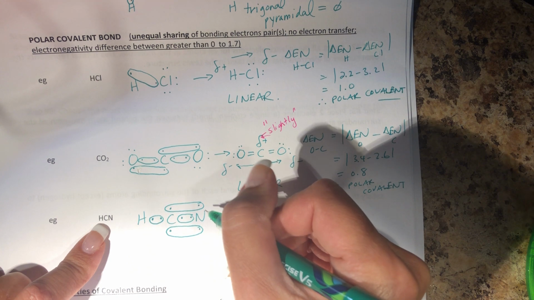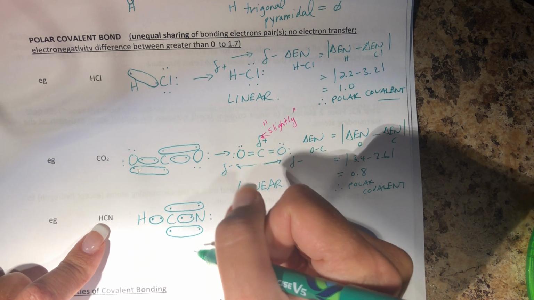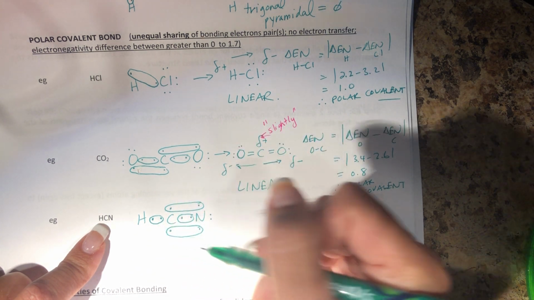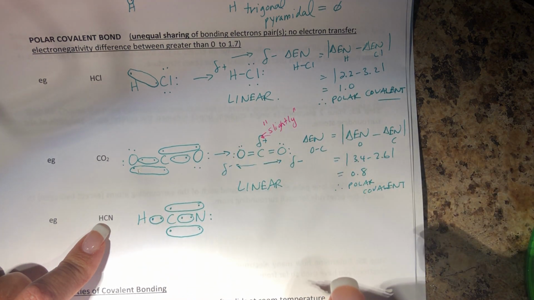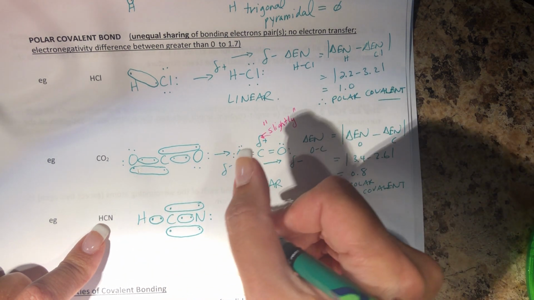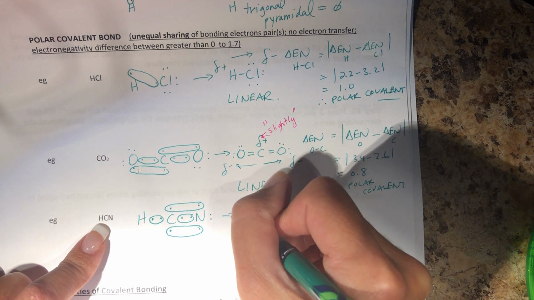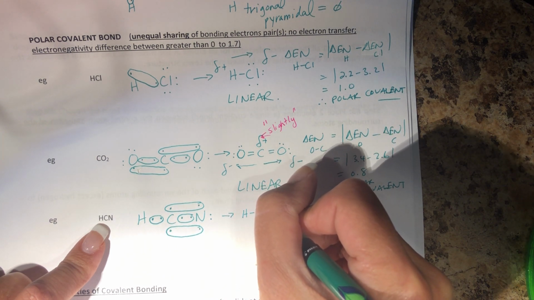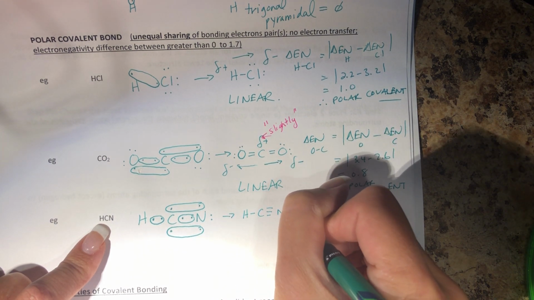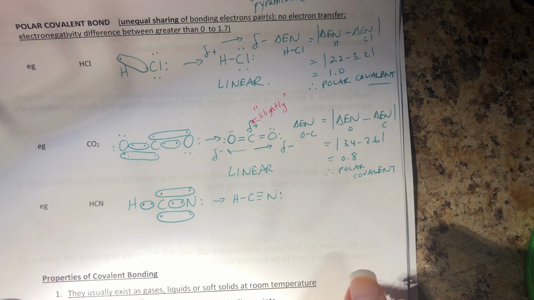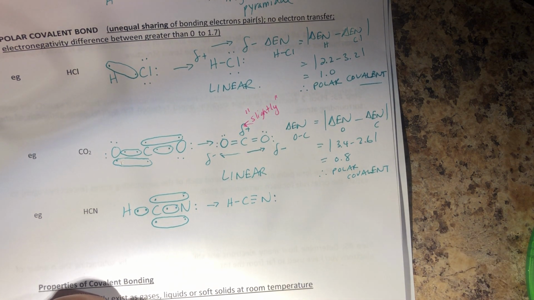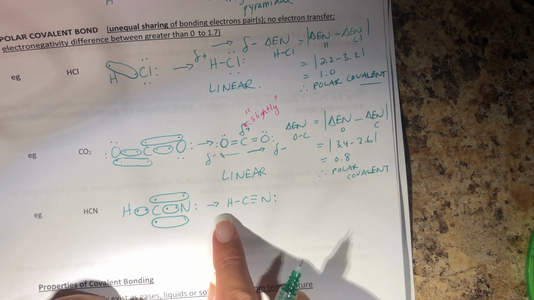Nitrogen has 2, 4, 6, 8, yay. Carbon has 2, 4, 6, 8, yep. And hydrogen has 2. So let's draw it with just lines. H, C, 1, 2, 3, N, and a lone pair. Isn't that pretty?